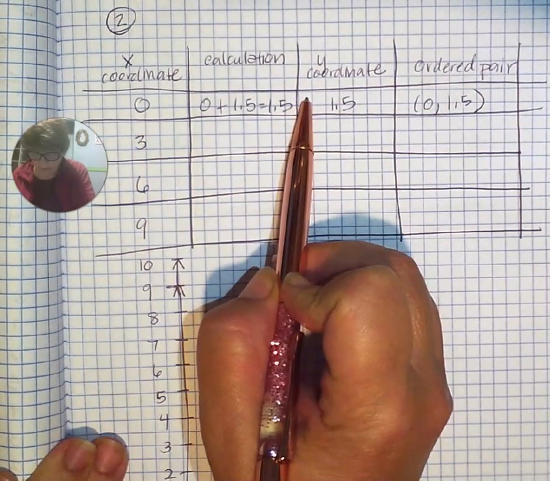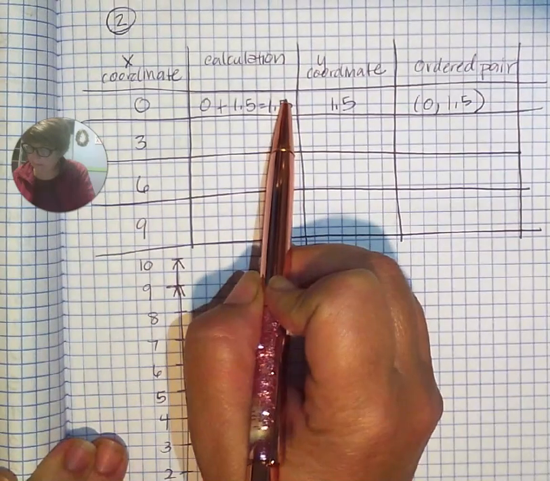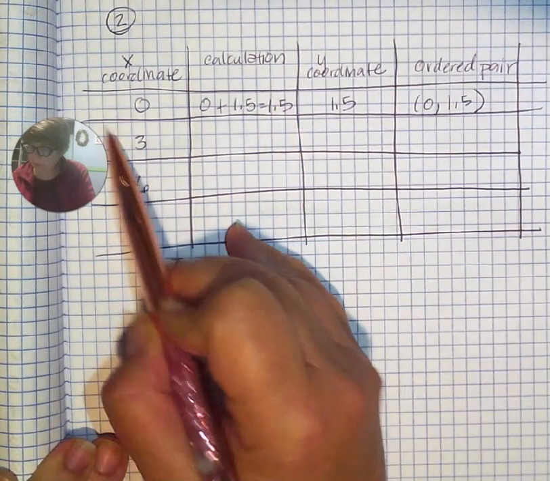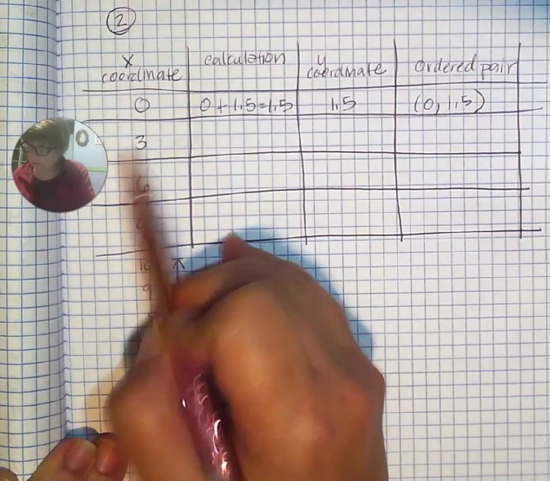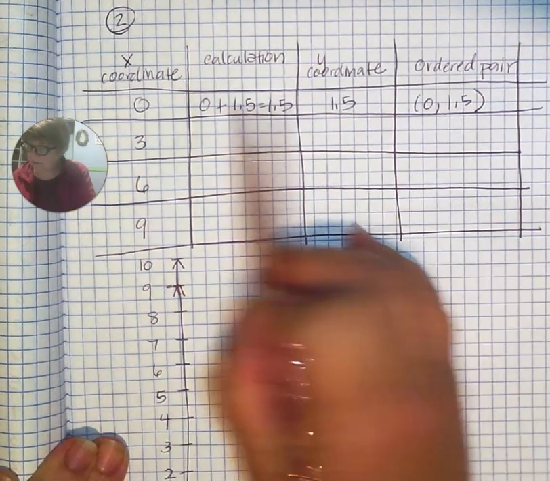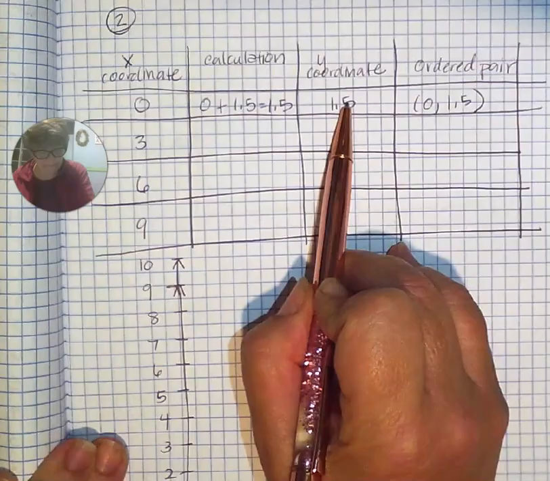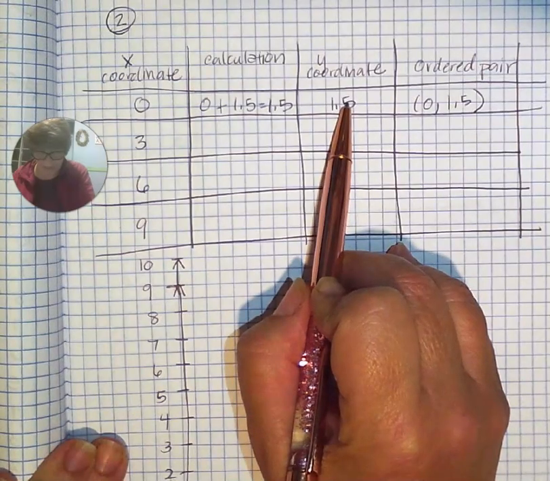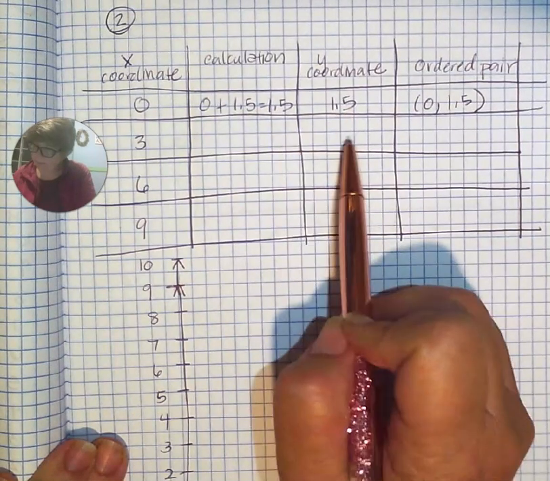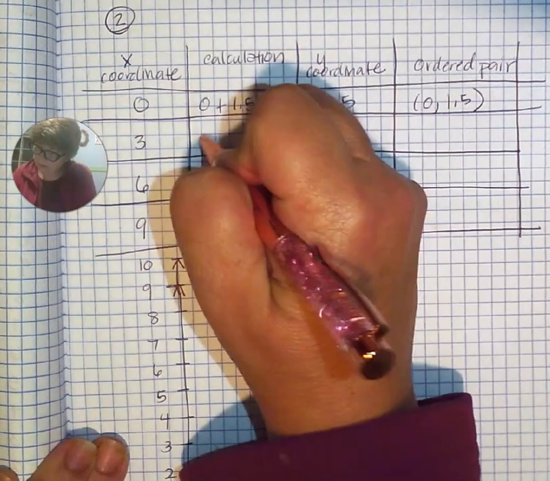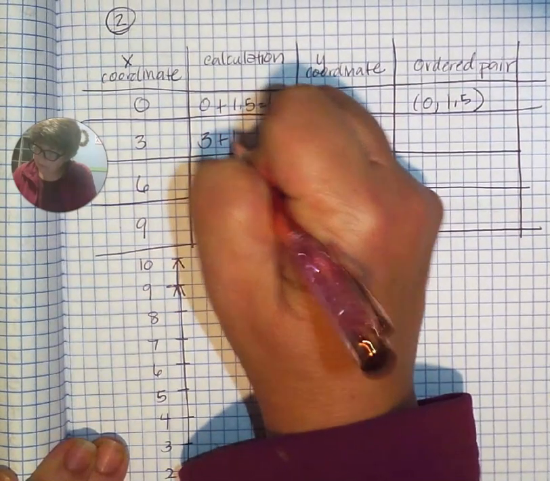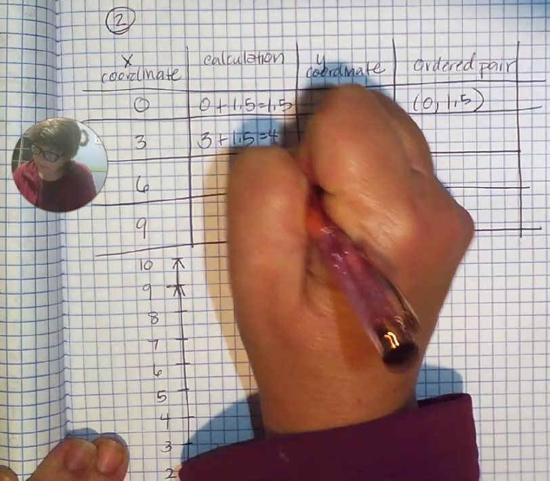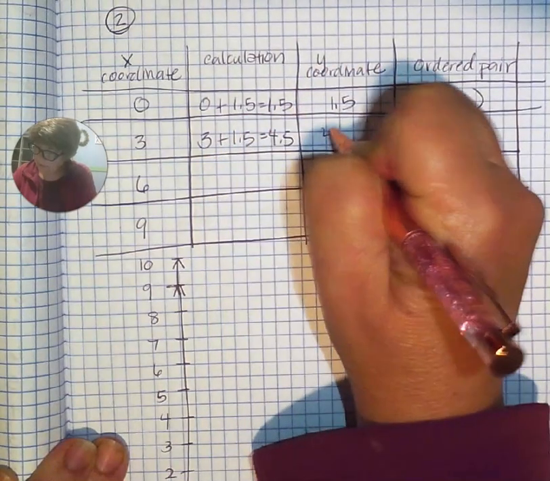So this chart is a little bit different. This is not thinking about the difference between one x to the next x, although we could look at that. This is the difference between the x and the y. That's kind of interesting, isn't it? They're always going to be 1.5. So here, x is 3 plus 1.5 is 4.5, so our y is 4.5.